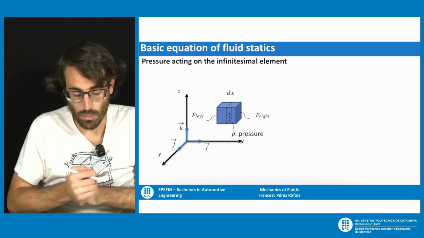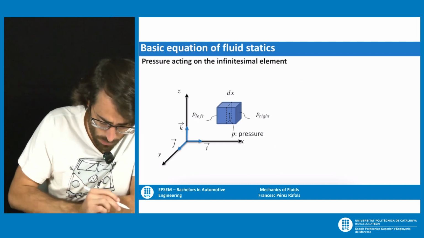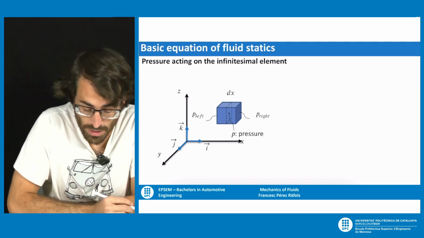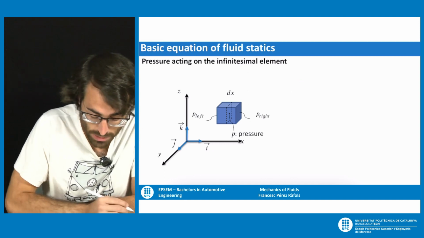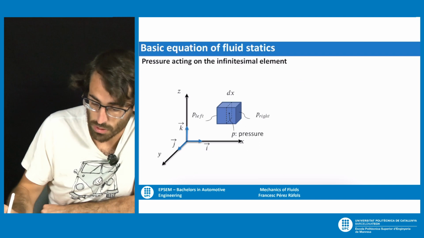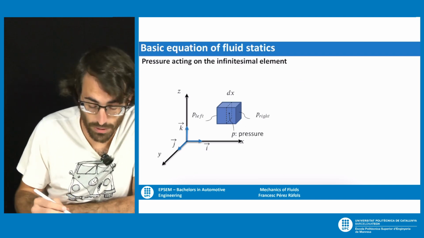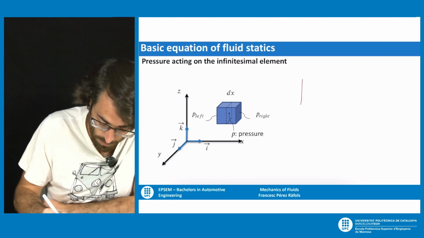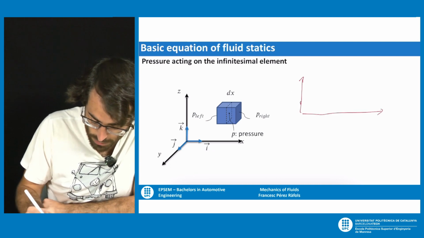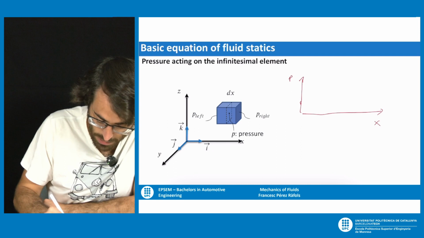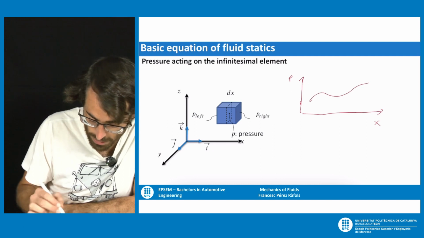So with that, we can move to pressure. We'll consider the pressure at the center to be P. We first need to estimate the pressure at the right and at the left, because pressure is not going to be constant. That's exactly the variation we want to look at. Imagine that pressure in the x direction varies in an unknown manner.